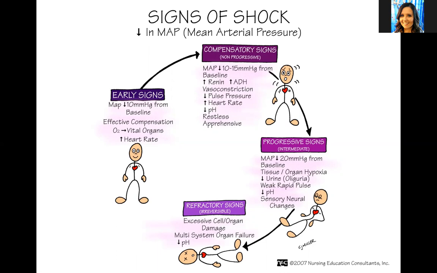Even more acidosis. And they may be very lethargic, maybe even comatose. Then we get to the last stage, the refractory or irreversible stage, excessive cell and organ damage, MODS, the multi-organ dysfunction syndrome, acidosis, and death during this stage.